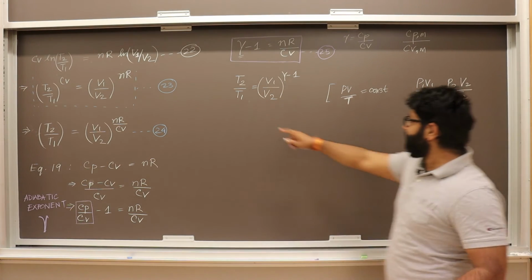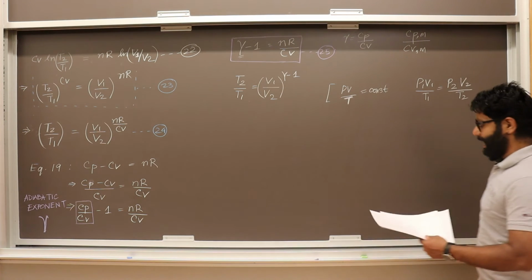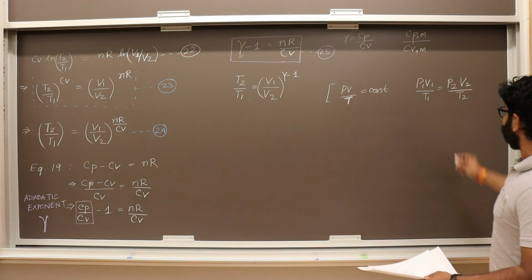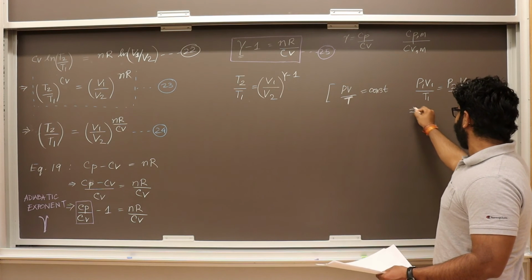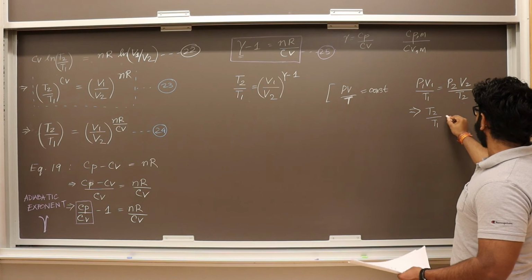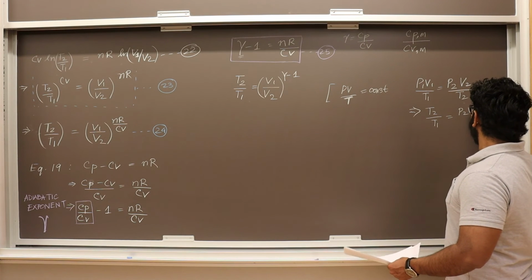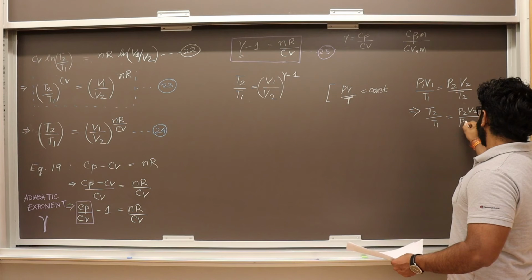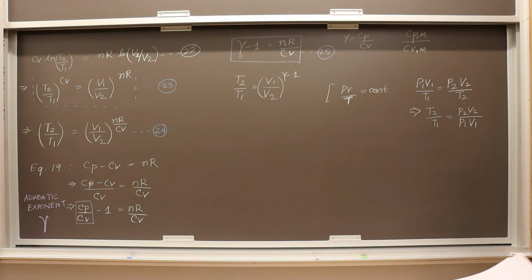Now, we have T2 by T1 in here. I want to replace that, so I'll rearrange this equation. So this becomes T2 by T1 equals P2 V2 by P1 V1.